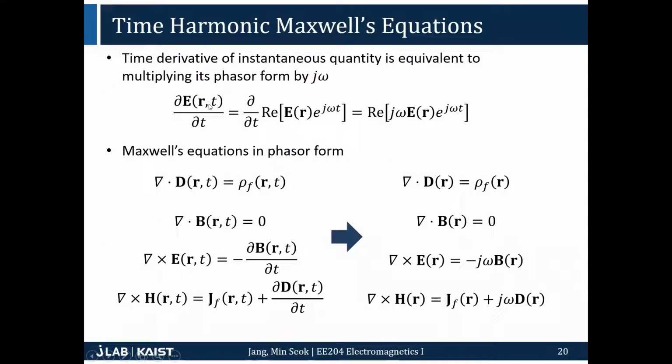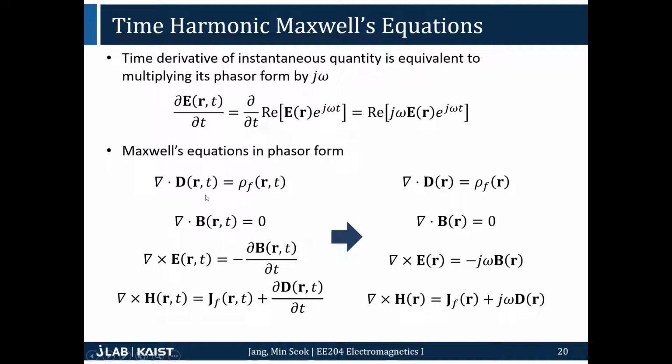The beauty of the phasor form is this: if you have a time derivative, this can be written like this in phasor form, and the time derivative only applies to e to the j omega t. So this is actually j omega e to the j omega t. All time derivatives in time harmonic form can be replaced by multiplication of j omega.